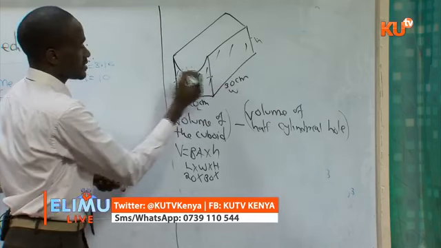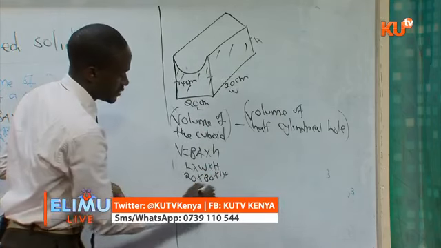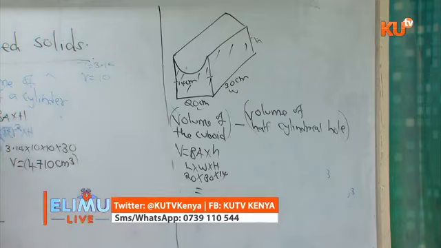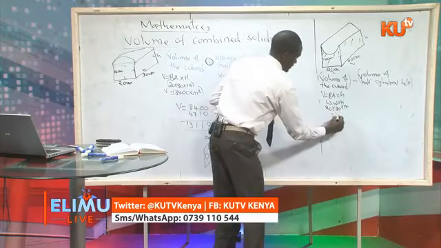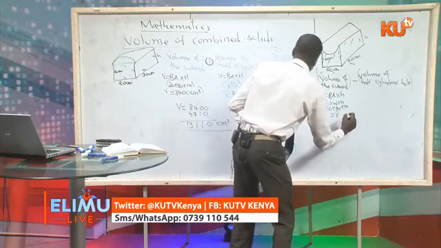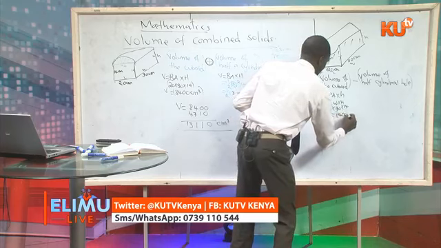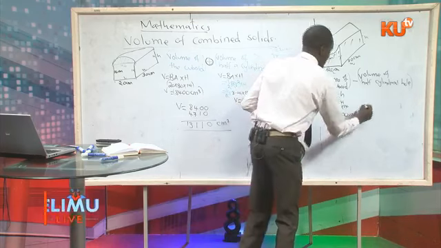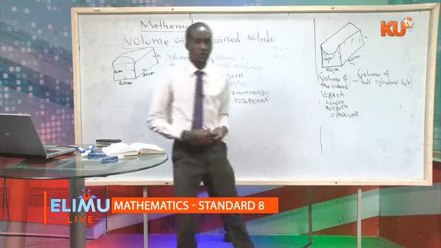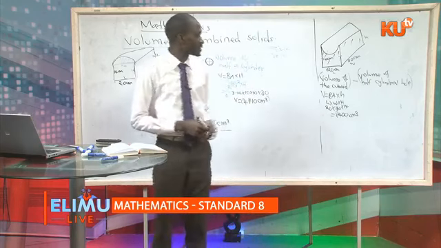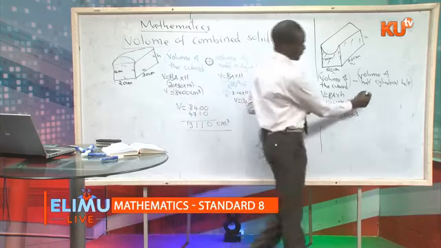Because this is the same as this and the same as this one is 14. That will give us the same figure here, which is 8,400 cubic centimeter. Then let's go to half a cylindrical hole.